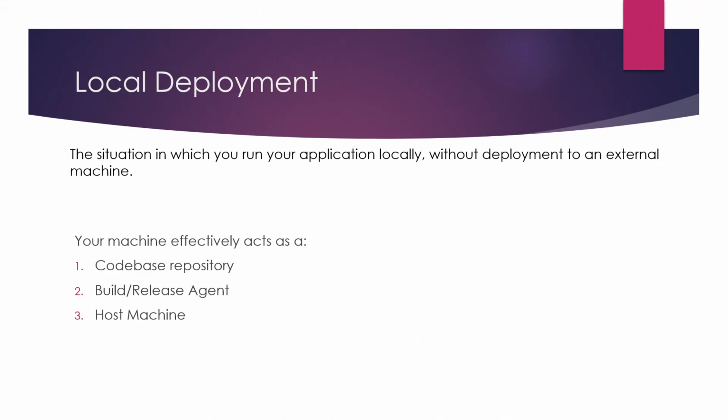As mentioned, this is a scenario where you're running your application on your laptop or your PC without deploying it to the cloud or any external machine. This is all isolated on your machine. In this situation, your computer acts as a code base repo, a build and release agent, and a host machine which runs the application.